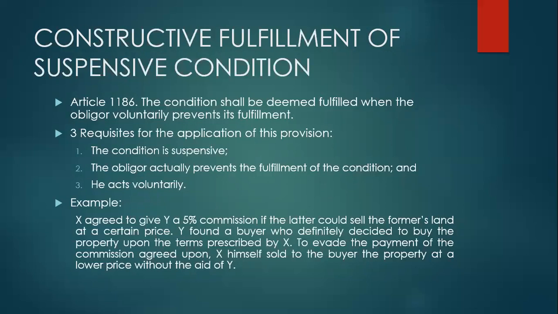Y found a buyer who definitely decided to buy the property upon the terms prescribed by X. To evade the payment of the commission agreed upon, X himself sold to the buyer the property at a lower price, without the aid of Y. In this case, it can be said that the due performance by Y of his undertaking, the condition for the payment of the commission, was purposely prevented by X and is deemed fulfilled.